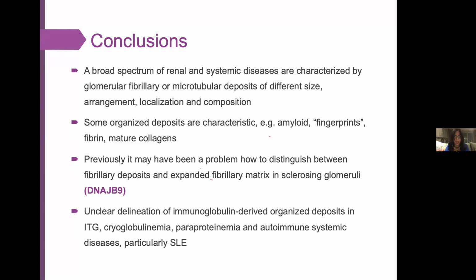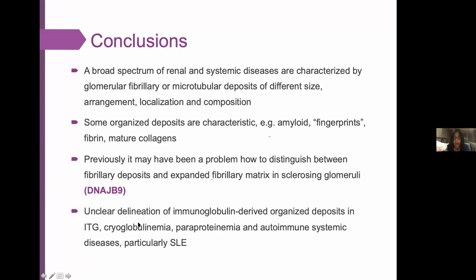Some organized deposits are characteristic, like amyloid, like fingerprints in lupus, like fibrin, like mature collagen. Previously, it may have been a problem how to distinguish between fibrillary deposits and expanded fibrillary matrix in sclerosing glomeruli, for example, or in diabetes. But now this is solved by DNAJB9 if we are in doubt.